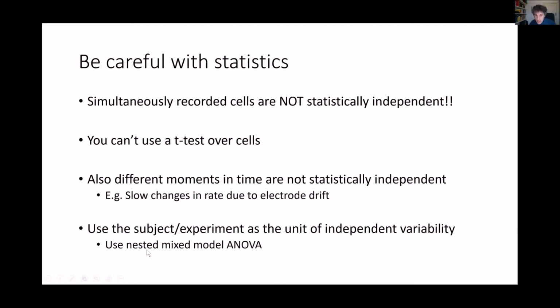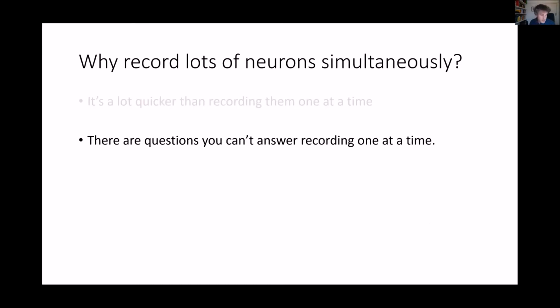You can also, slightly more complex, use a nested mixed model ANOVA, which accounts for this sort of variability. So you can say there's some variability within your subject, within each subject there's some correlated variability within experiments, and within each experiment there's some correlated variability within the cells. Okay, so that's it for single cell analyses.